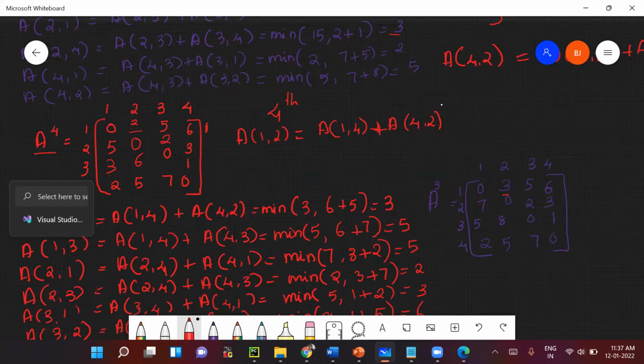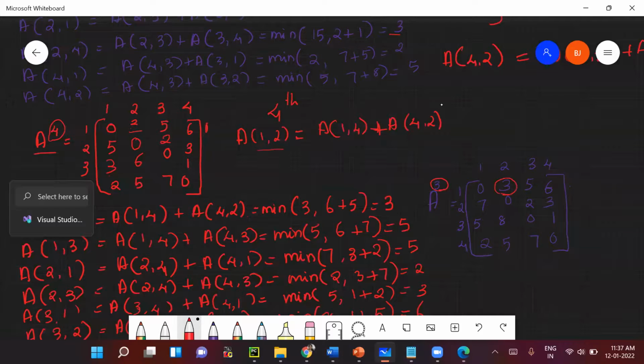From which matrix do we have to take? From the previous matrix, right? When we are constructing A4, we will be referring to the values of A3. Got it? So here in A3, what is the value of 1, 2? 1, 2 is 3, right?